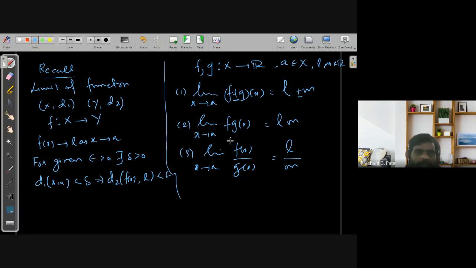So with the help of these properties of limit and the definition of a limit, next we defined the continuous function.